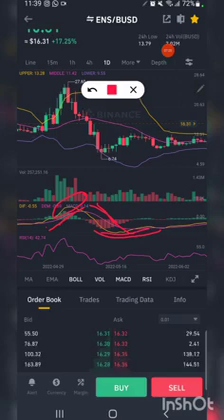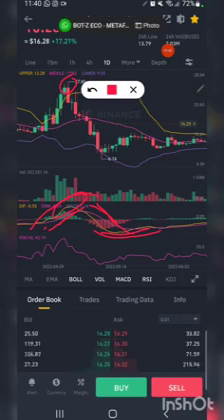Once the signal line is above the histogram and the strength starts to decline, it is sending a sell order. So if you're a futures trader, the moment you see that there is a resistance in the trade and the MACD line shows you a decline in that trend, it is a better time for you to short.